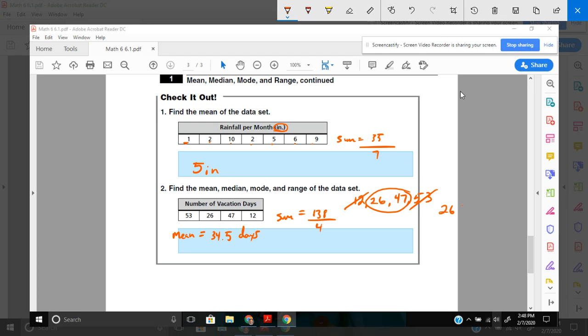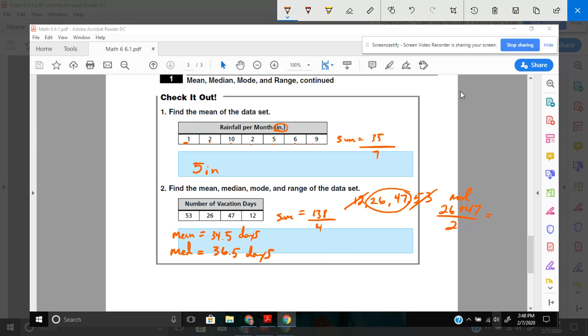So 26 plus 47 divided by, well, there's 2 numbers there. So 26 plus 47 would give us 73. And that divided by 2 would give you 36.5. So the median would give you 36.5 days. Pretty close to the mean.